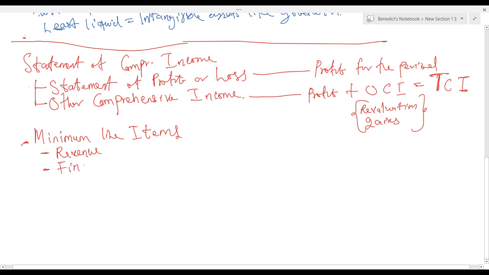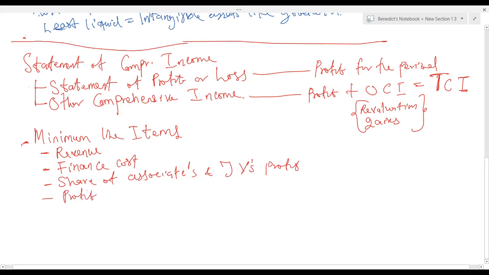Finance costs is a minimum line item. Share of associates and joint ventures profits is a minimum line item. Profit for the period, income tax expense.